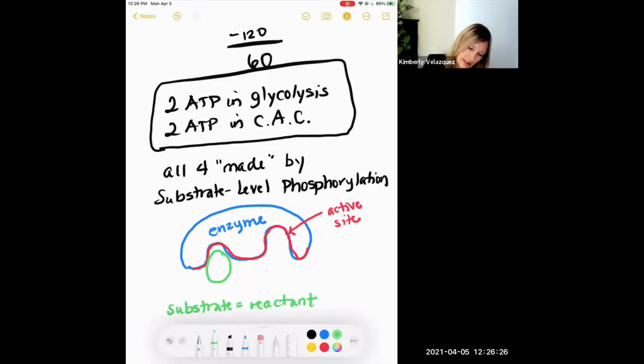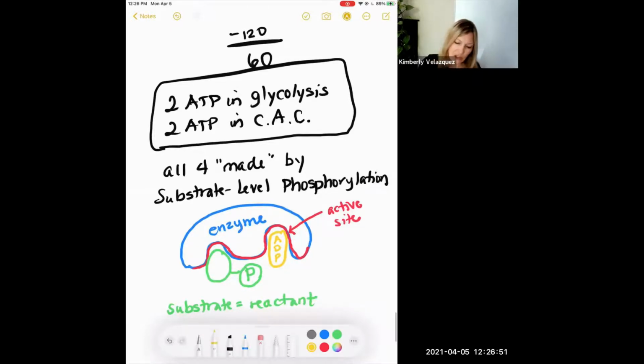And in this case, this substrate has a phosphate group attached to it, and it's going to transfer that phosphate group to ADP. So this is ADP. And this enzyme is going to facilitate transfer of that phosphate group. Remember, transfer of a phosphate group is called phosphorylation.